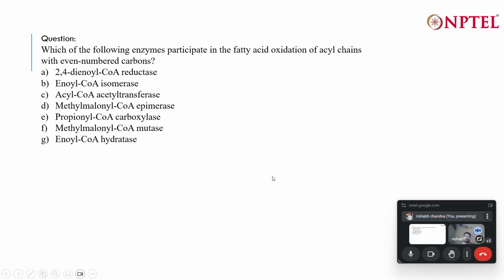Which of the following enzymes participate in the beta oxidation of acyl chains with even numbered carbons? So what can be the correct answer?